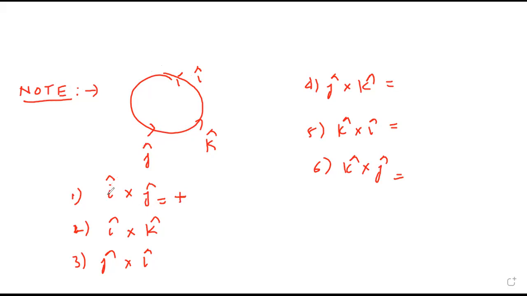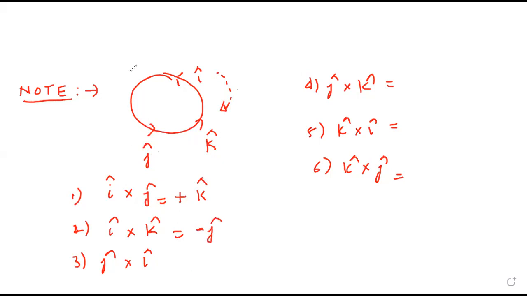Such that I is the x-axis, j is the y-axis, it will be the z-axis, plus, a vector perpendicular to both. I and j are x and y, so k will be perpendicular to both I and j, but plus. Now I cross k, I am going clockwise, so it will become minus j cap.